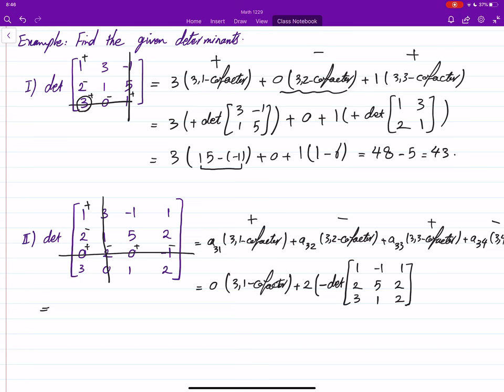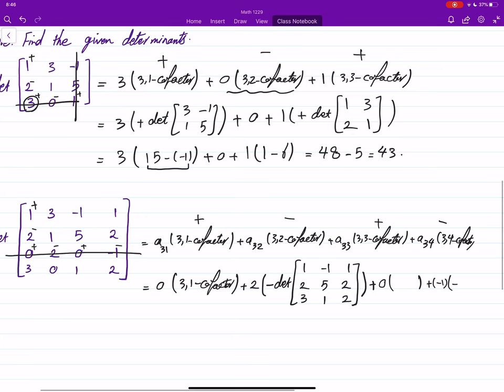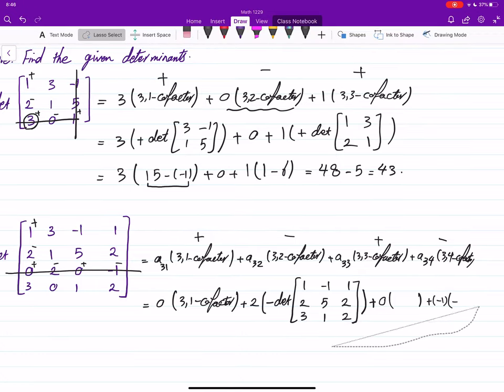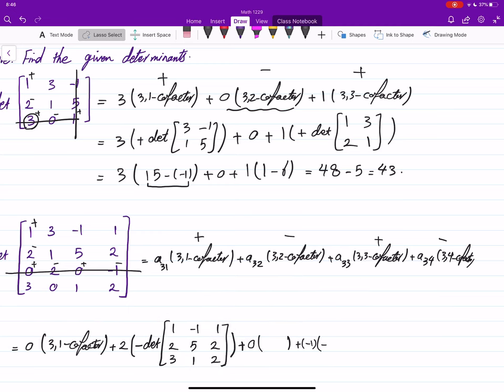Okay, and well, how about a3, 3, this is 0, so I don't need to be worried about anything there. And the last piece, a3, 4, a3, 4 is negative 1 times minus. Let me do this a little bit this way so that I have enough space there.